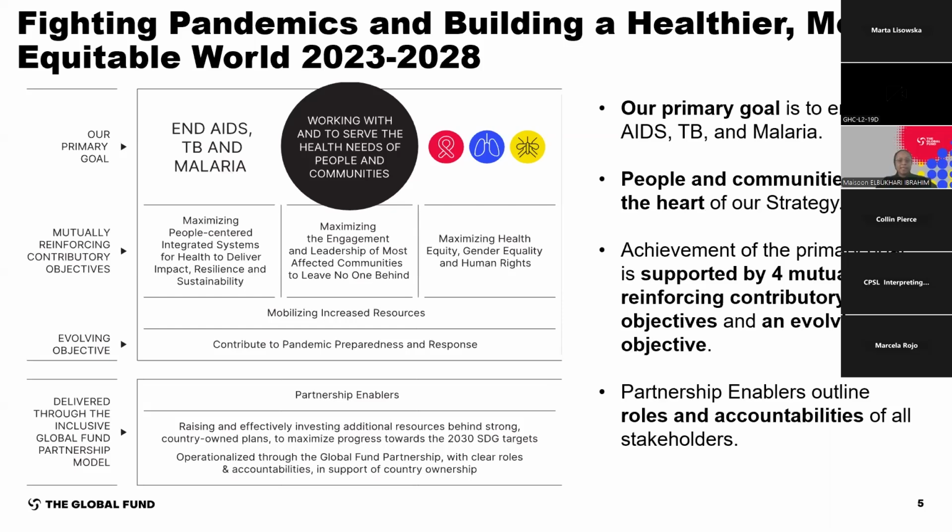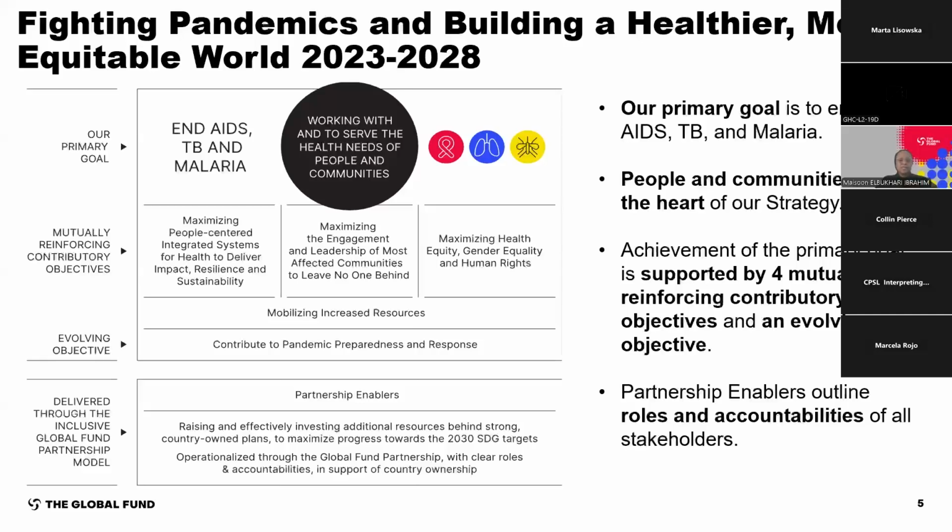The second is maximizing engagement and leadership of most affected communities. And this one is critical because the communities most impacted by these diseases are the best positioned to lead in the response. The third one is maximizing health equity, gender equality, and human rights. And finally, mobilizing increased resources, because let's face it, none of this happens without the necessary funding and support.